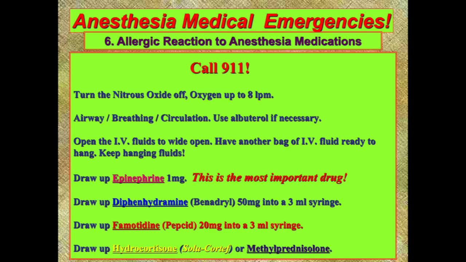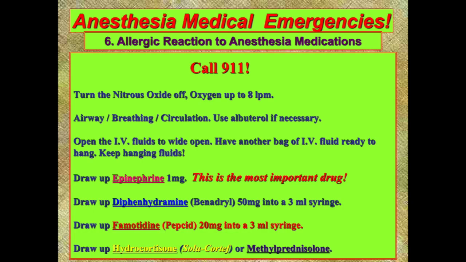The first medication that you would use, the most important, is epinephrine, if their blood pressure is down real far. Then we're going to give an antihistamine, and there's two types. There's one for the peripheral circulating, the mast cells and the basophils, where we would give diphenhydramine or Benadryl IV.